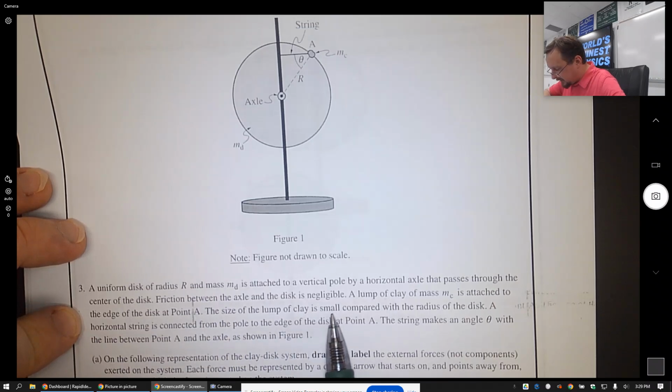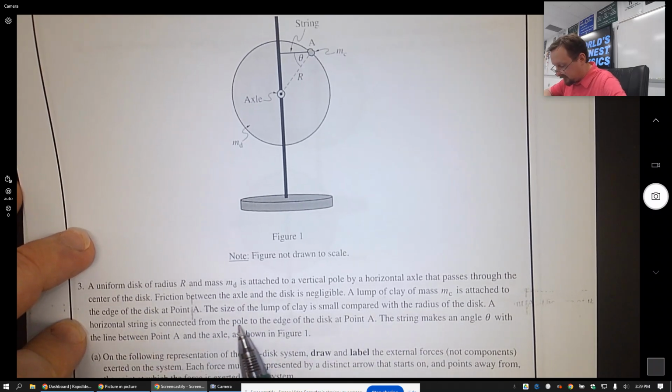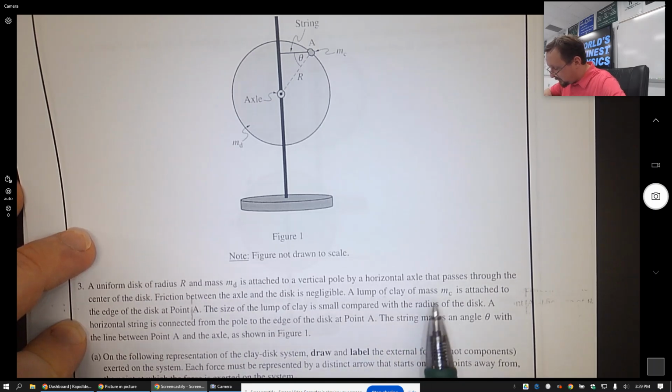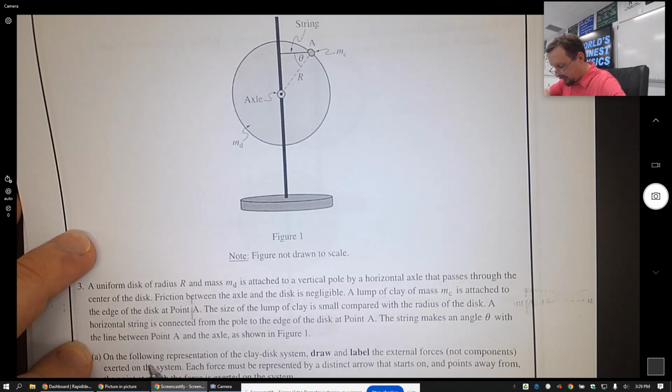The size of the lump of clay is small compared to everything else. A horizontal string is connected from the pole to the edge of the disc at point A. The string makes angle theta, but the mass of the clay is going to be important. On the following representation, draw and label the external forces exerted on the system.